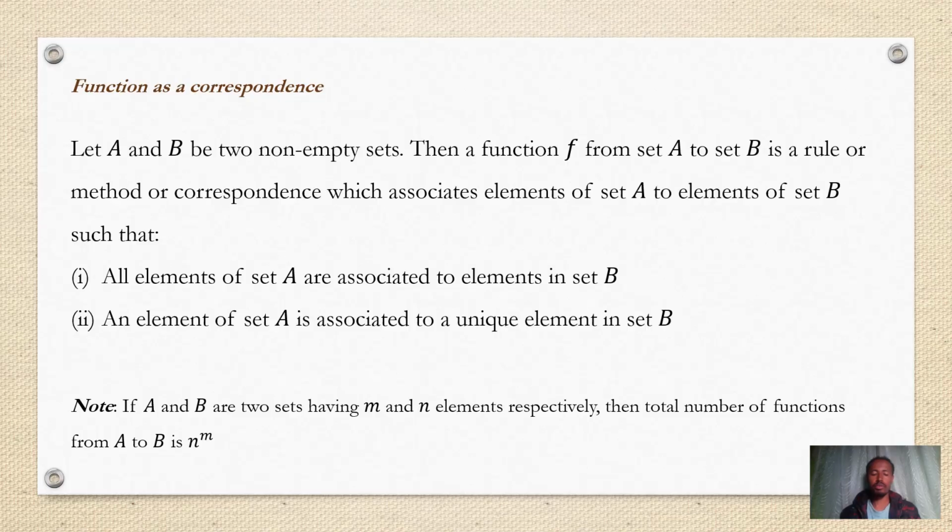For example, if the number of elements of set A is 3 and the number of elements of set B is 2, then 2 to the power of 3 is equal to 8. That is the number of functions that can be formed from these sets.